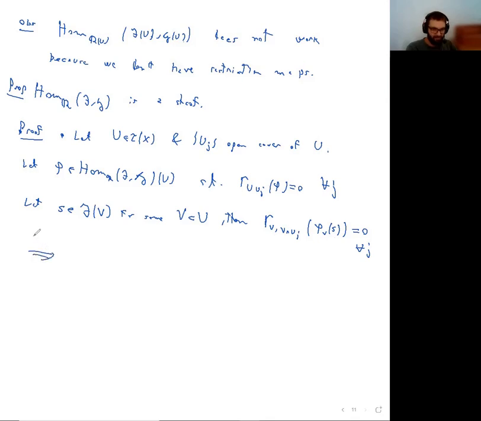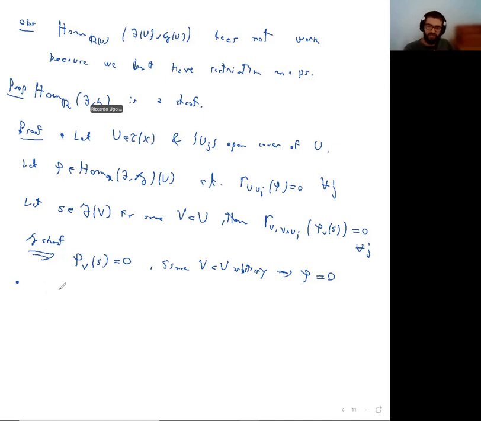But now we can use the fact that G is a sheaf. So if this is 0 on every restriction, then this is 0. But V was arbitrary, then phi is just 0. Okay, so the first point is done, S1. Now we have to go for S2.